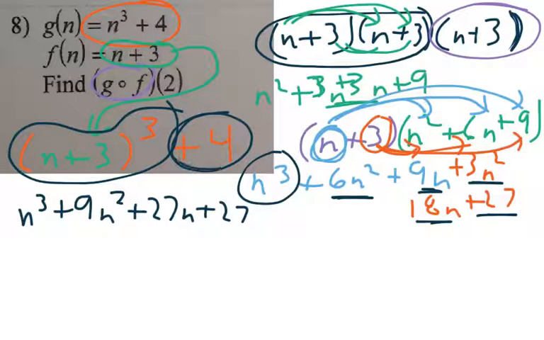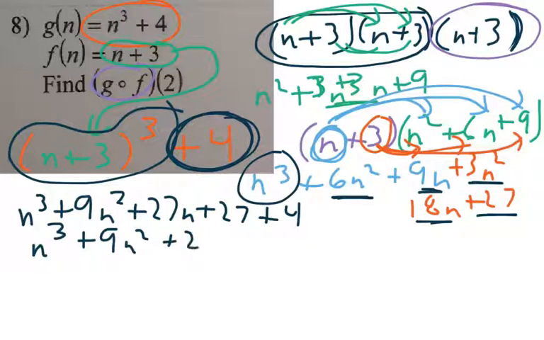Don't forget we have this 4 right here to add on to it as well. So what we end up with finally is n cubed plus 9n squared plus 27n plus 27 and 4 is 31. And so we finally got g of f, but wait a minute, follow the light blue, guys. It's telling us to evaluate at 2.